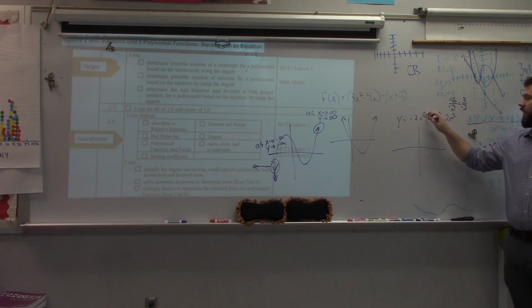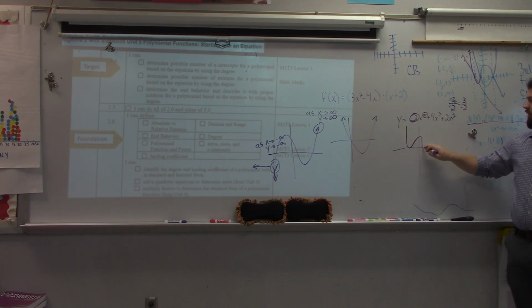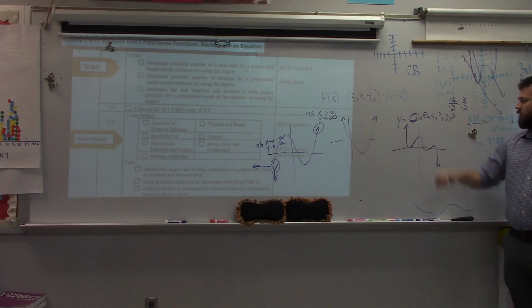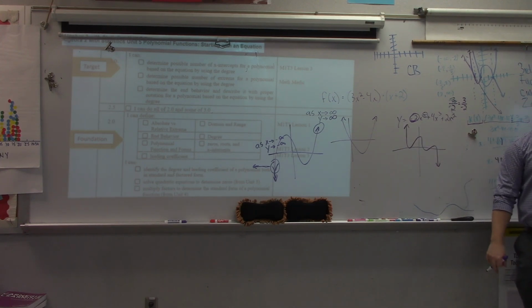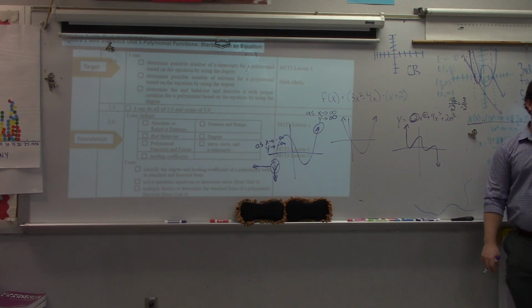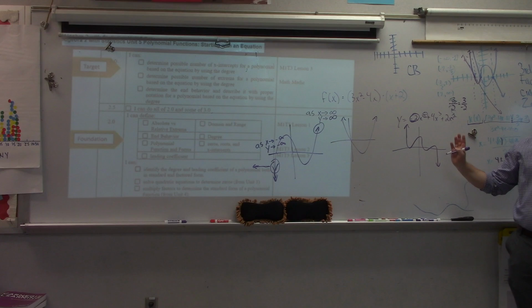Opposite. It's odd degree, so it's opposite. Alright. And is it overall increasing or decreasing? Decreasing. Remember that the leading coefficient is negative, so it would look something like this. Can I figure out roughly what the end behavior is now? Yes. So it's just a quick sketch. I don't know how accurate the middle of it is, but I know the end behavior.